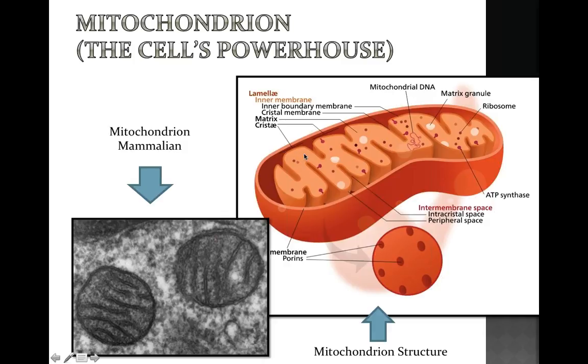Then 2 more are produced in the matrix of the mitochondria in the third part of the process. And then in the fourth part of the process, the electron transport chain produces the rest of the ATP. The majority of the ATP is made in that part of the process.